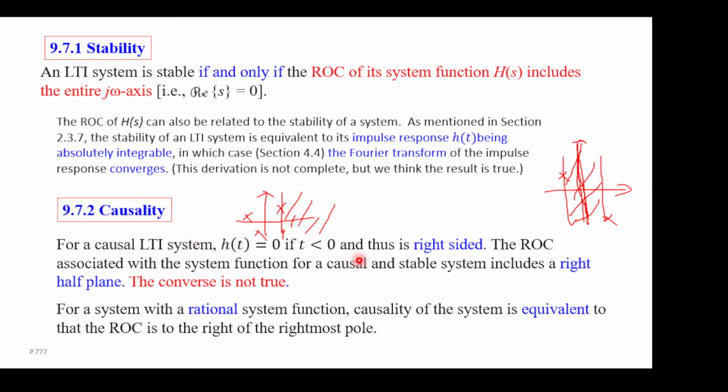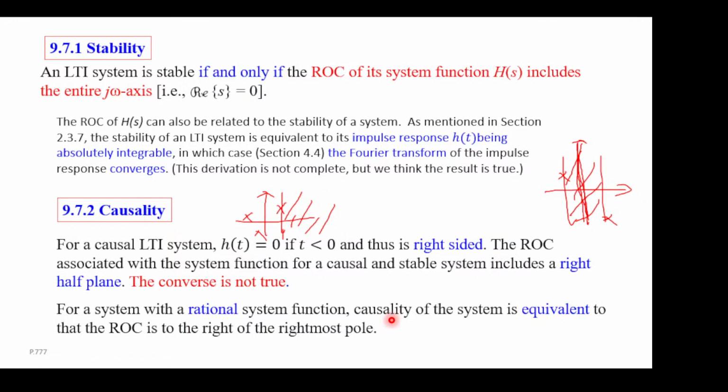That's just because a causal system is right-sided, but the converse is not true, because you can easily construct something that's right-sided but not causal, and the ROC is still a right half plane. But if the system is rational, then it works. If the system is rational, then you are causal if and only if the ROC is the rightmost one.